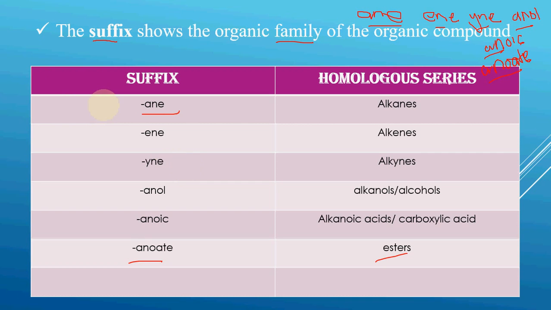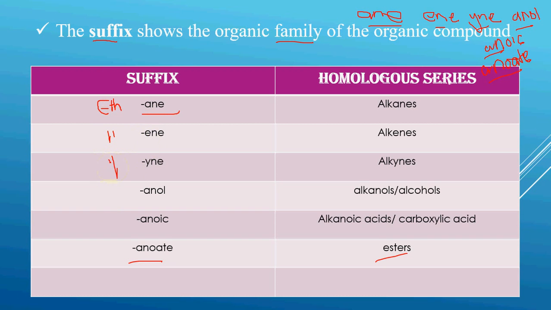So I'll give an example here. If I get a compound with 2 carbon atoms, I'll get a prefix for 2 carbon atoms, which we are calling eth. So if I get this prefix eth, and I join it with this one, it is already ethane. If I do the same here, it will be ethene. If I do the same here, it will be ethyne.